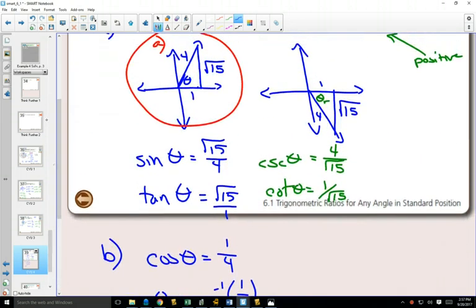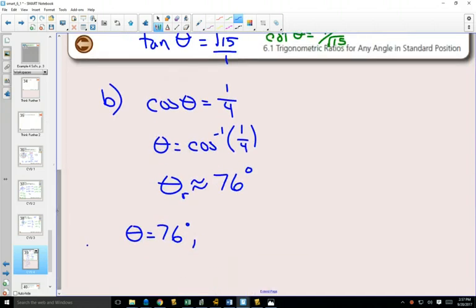If our reference angle is 76 degrees, what's that angle in quadrant 4? 284.